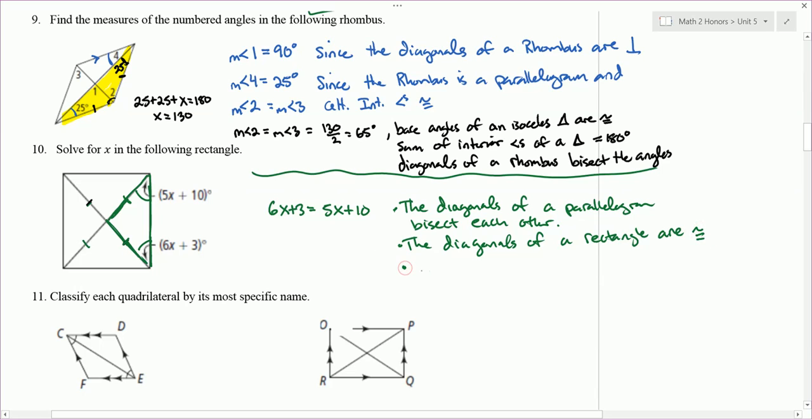And then the Isosceles Triangle theorem. So then we can go ahead and solve this. Subtract 5x, subtract 3, and we get x is 7.